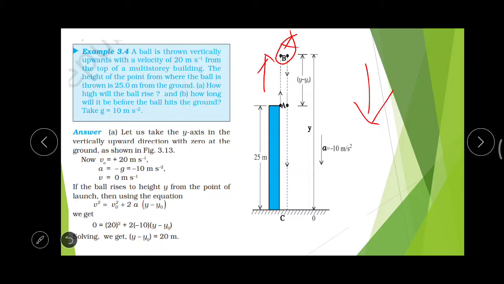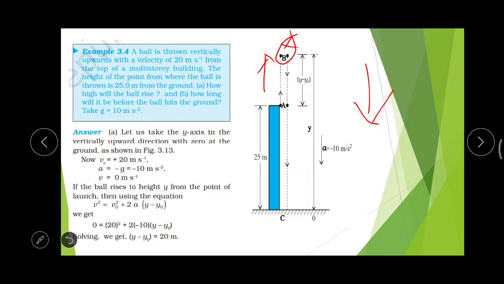Now you have the values v0, a and v. v0 is the initial velocity, 20 meters per second. a is the acceleration due to gravity, acting downwards while the motion is upwards, so you have to take that as a minus value. So a is equal to minus g, which is minus 10 meters per second squared, and v, the final velocity at point B, is 0, because the body will stop at point B before it returns back.